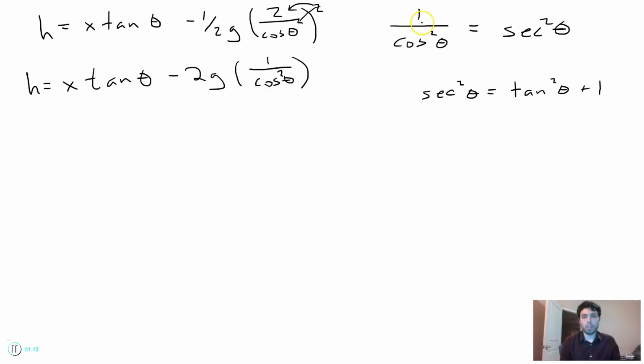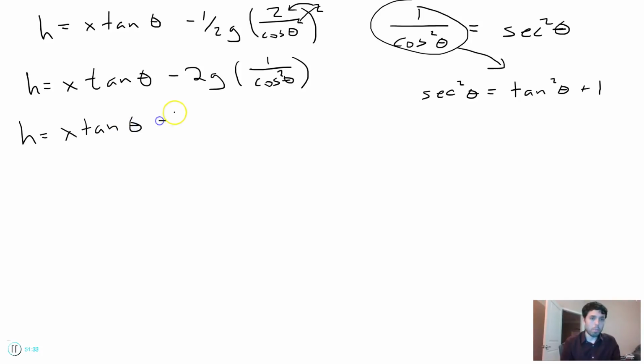If this equals this and this equals that, then doesn't this guy equal that guy? So I'm going to replace this whole term with tangent squared theta plus 1 and rewrite my equation. h equals x tangent of theta minus 2g times tangent squared theta plus 1.